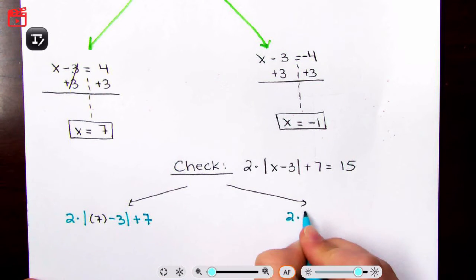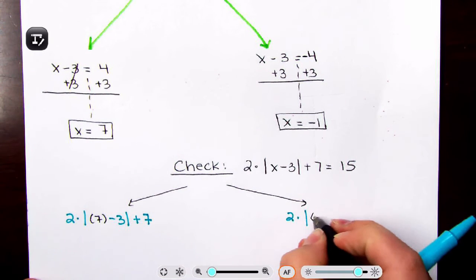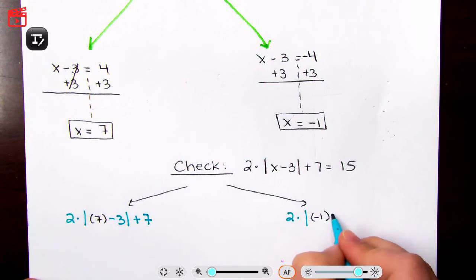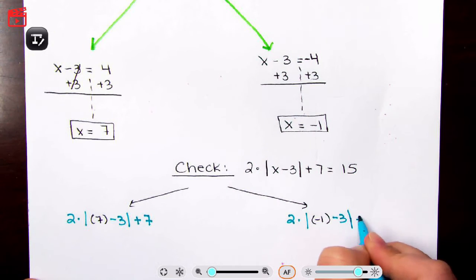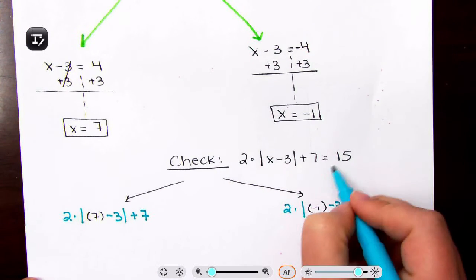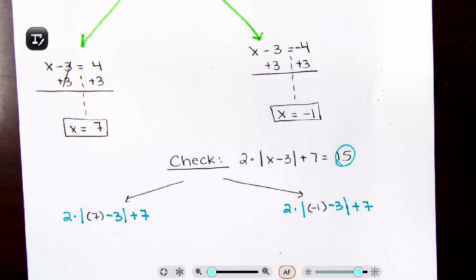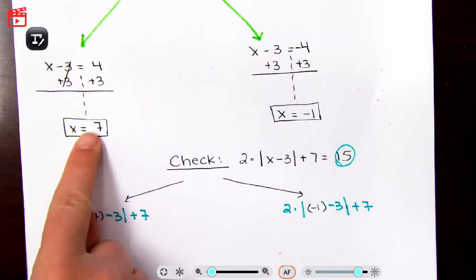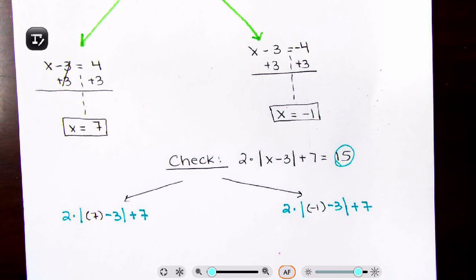And I have 2 times the absolute value of -1 minus 3 plus 7. And we want to check if it's actually going to equal 15. If it is, therefore, our answers are valid. If it is not equal to 15, then we do not have that solution. It is called an extraneous solution.